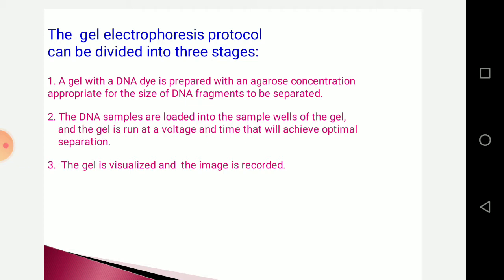So if we know approximate size of the DNA, we prepare gel, and the common gel used is agarose gel. The DNA samples are loaded into the sample well of the gel, and gel is run on a voltage and a time that achieve optimal separation.